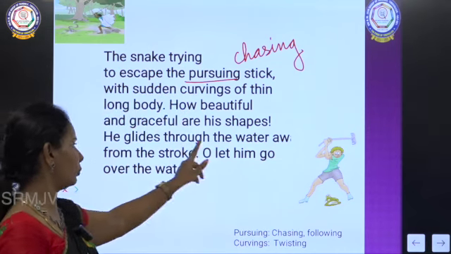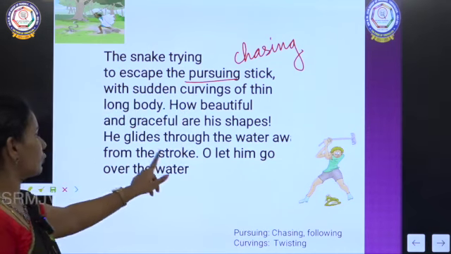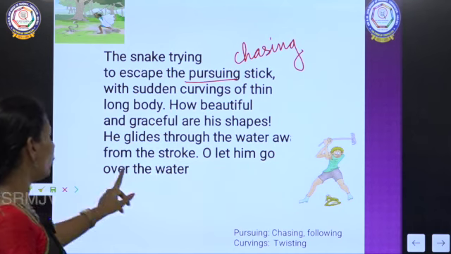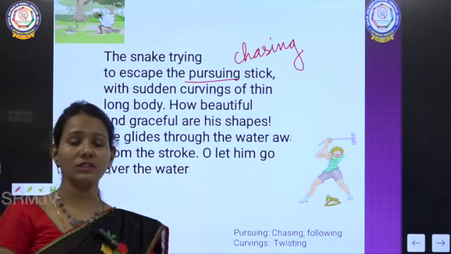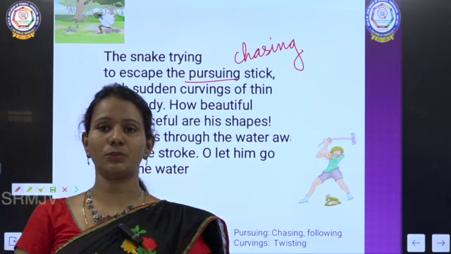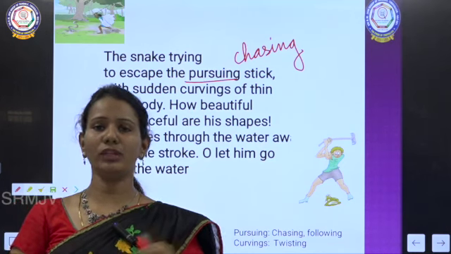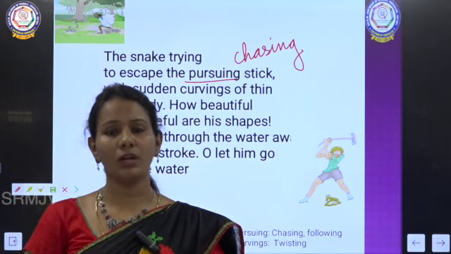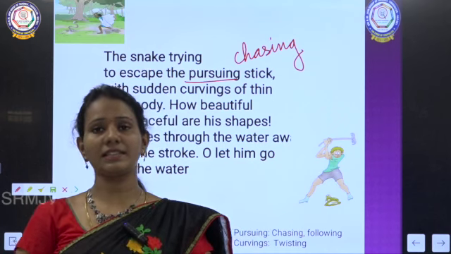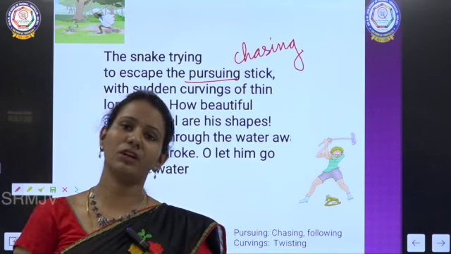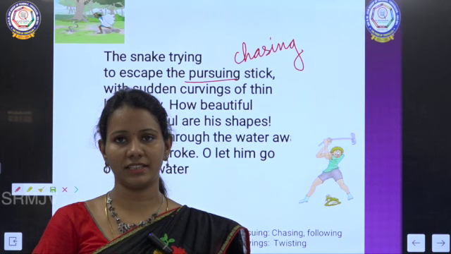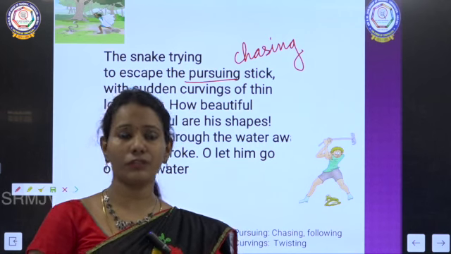How beautiful is the shape made by the snake. He glides through the water away from the stroke. Oh, let him go over the water. So, what is the snake doing? It is gliding, and it is trying to escape through the water. And he is asking, let the snake go, let it not be attacked, let it be left free.